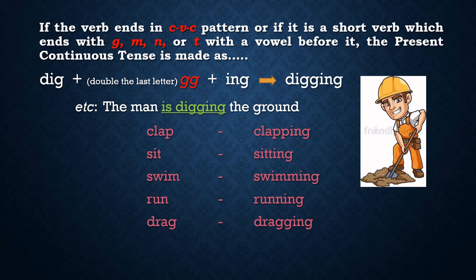Then we double the last letter, that means P, double P, and add ing. Clap, clapping. There are many more verbs such as sit, sitting, swim, swimming, run, running, drag, dragging. We can't say that this will apply to every verb in this pattern, but most of the verbs will follow this pattern.